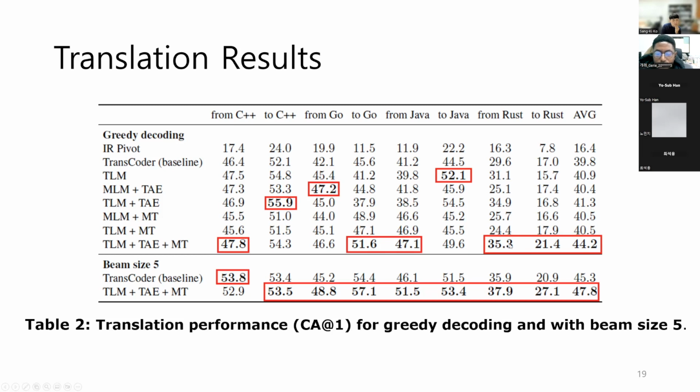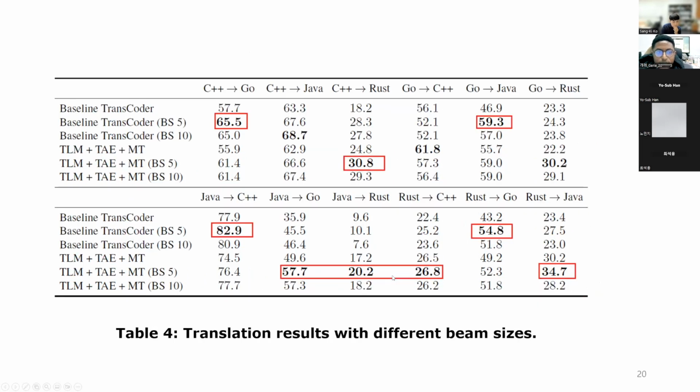The best result has been obtained by augmenting those three objectives, TLM, TA, MT. The authors also determine the beam search decoding beam size, actually for determining their hyperparameter.